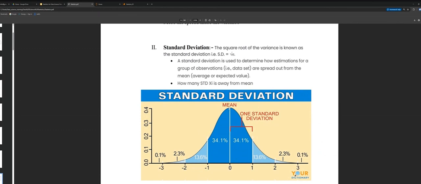You can see how your data are spread out from your average. When your data are within this range, minus 1 to 1, we call it a bell curve, and your data is uniformly spread out.